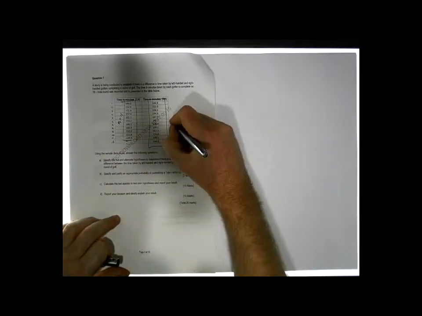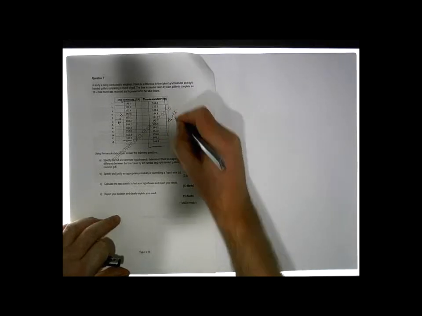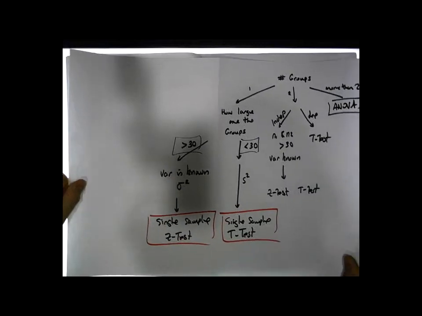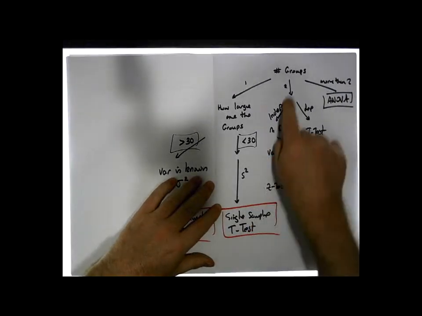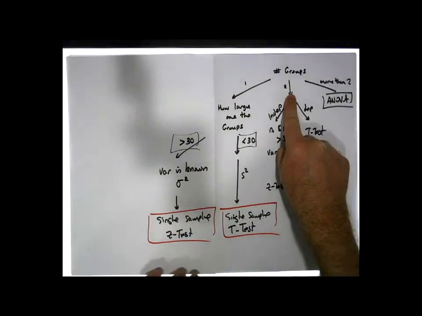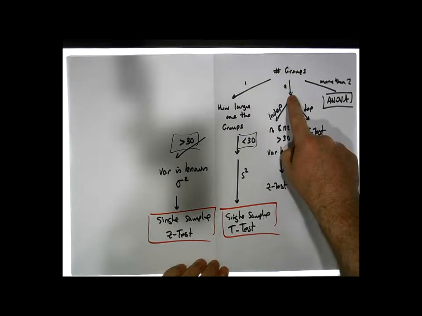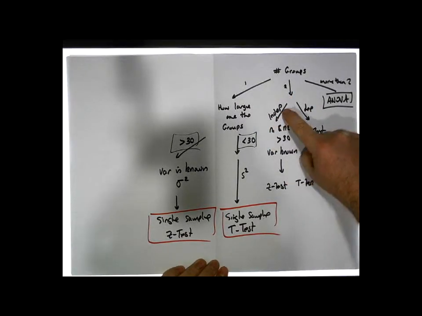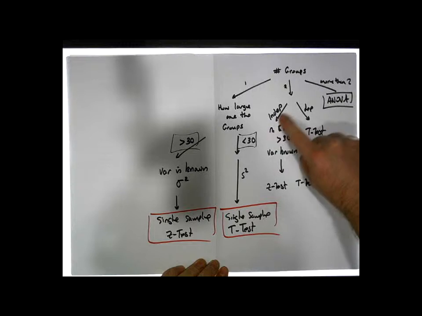In relation to the second group, the sample size N2 is equal to 12. No matter what, if I go back and look at what I mentioned earlier in relation to deciding your tests, let me get that sheet here. We have two groups: the left-handers and the right-handers. And they are independent of each other.